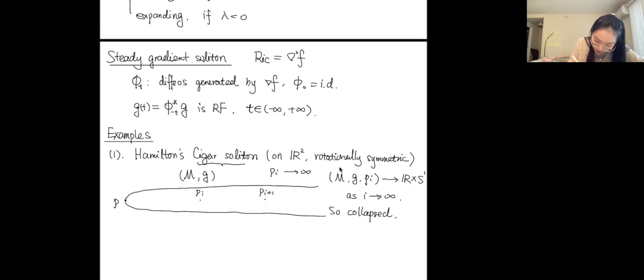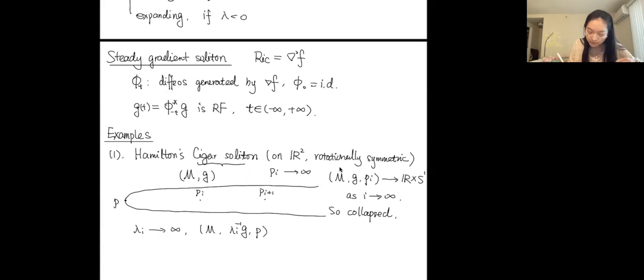And also, we can do something else. If you take a sequence of numbers, lambda i goes to infinity, and we use this sequence of numbers to blow down this cigar soliton. So we look at this sequence M, lambda i inverse g, pointed at p.